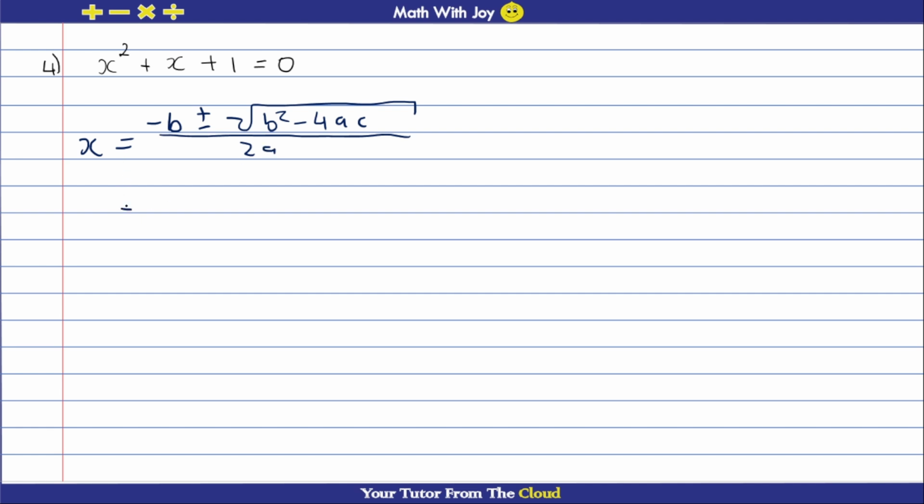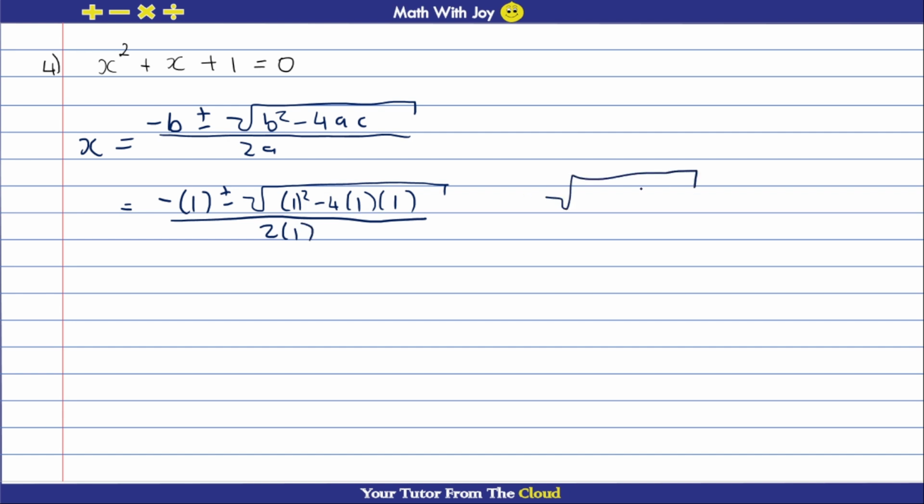So when you're substituting, you're going to get minus 1 plus or minus the root of 1 squared minus 4. The a is 1, the c is 1. We have the same scenario going on over there in the brackets. We're going to have the root of 1 minus 4, and that's going to give us no solution again.